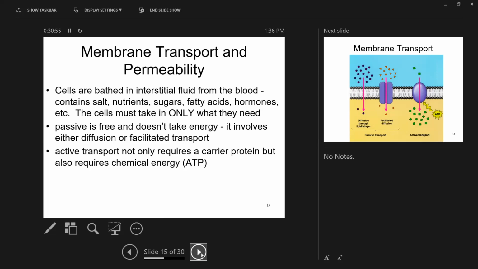It is a very strict environment. If a cell steps out of line, odds are that a white cell is going to kill it if it's acting in an irregular manner. But that's what the lymph nodes do for us. That's where the interstitial fluid goes into the lymphatic vessels.